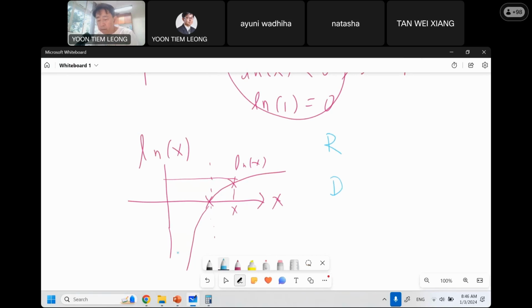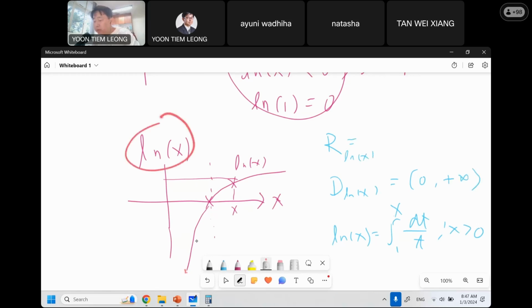The domain of the natural log is obvious because by definition, the natural log is defined for x that is larger than 0. So the domain of the function is defined to be any number x that is larger than 0.